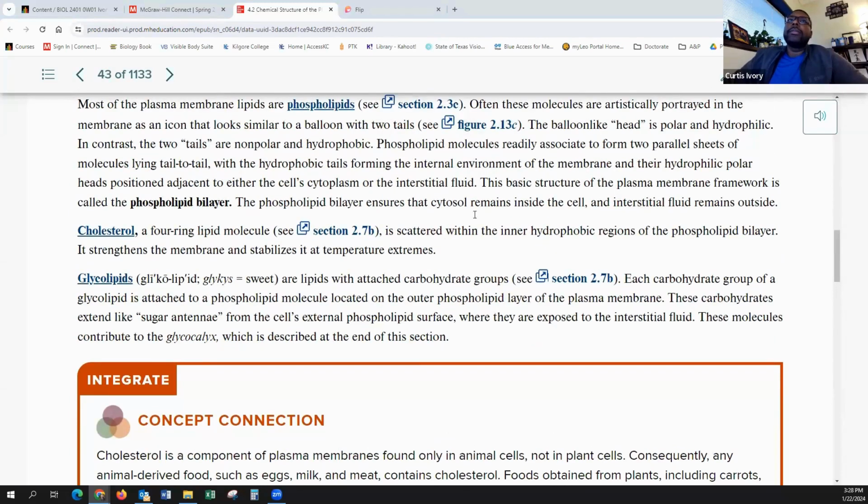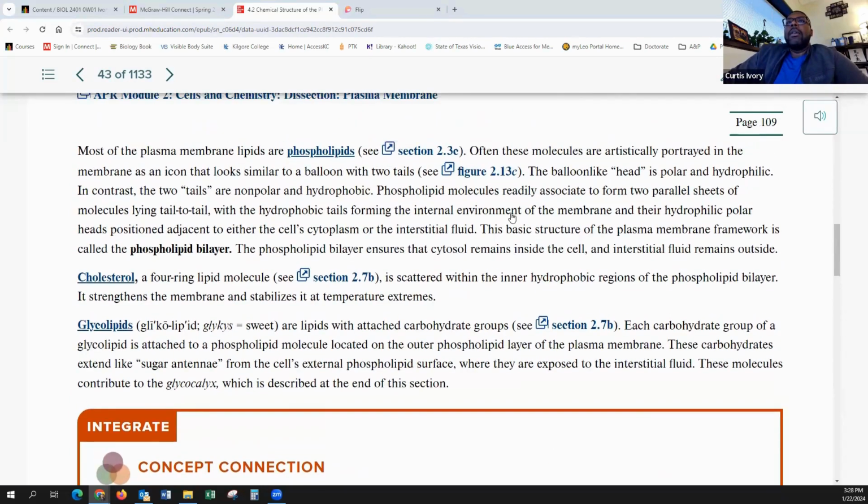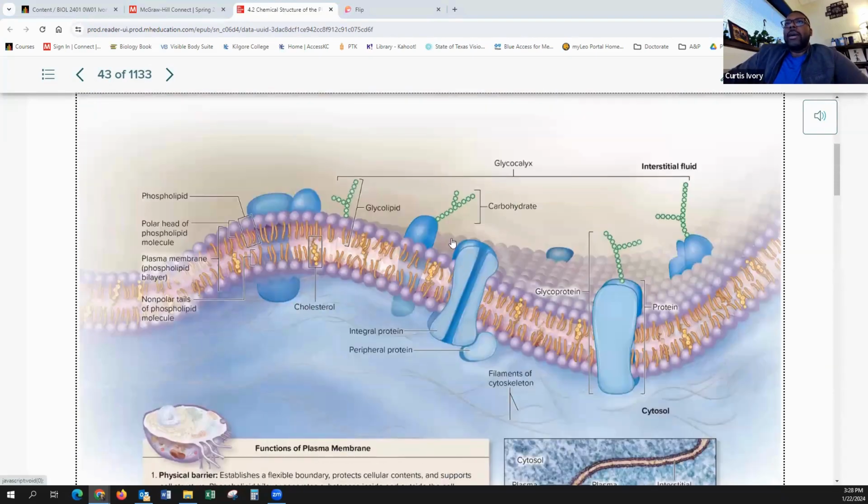So cholesterol. Cholesterol is a lipid. However, we need that. If you look in the phospholipid bilayer here, you see that there is cholesterol, and we need cholesterol. Cholesterol helps keep our plasma membrane fluid.